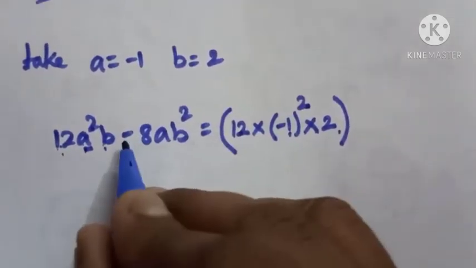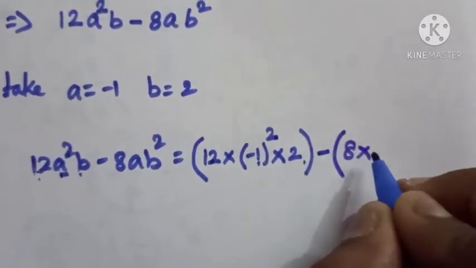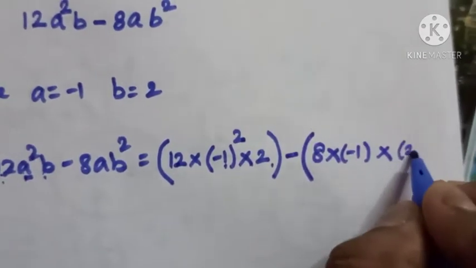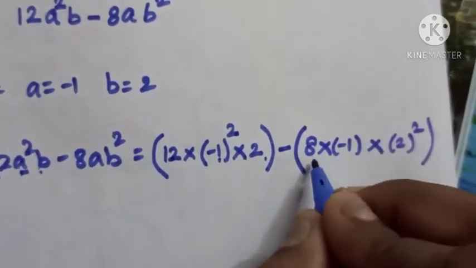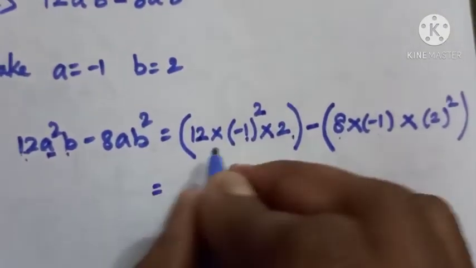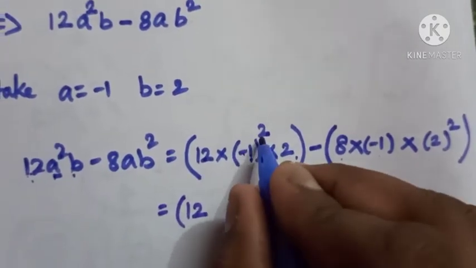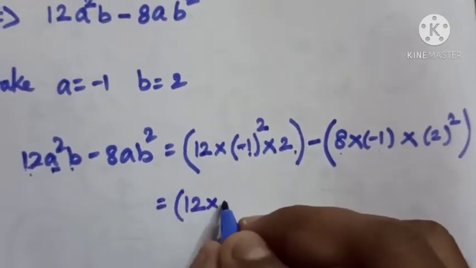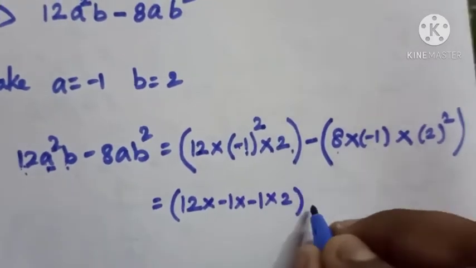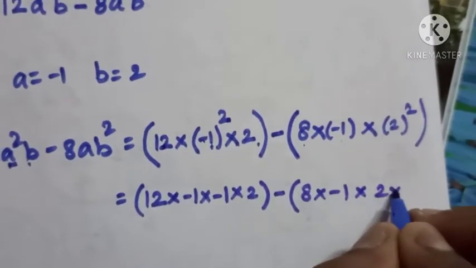So minus, and next 8 into -1 into 2 square, that is 8AB square. Now we need to multiply as it is. So 12 into -1 into -1 into 2, and 8 into -1 into 2 into 2.